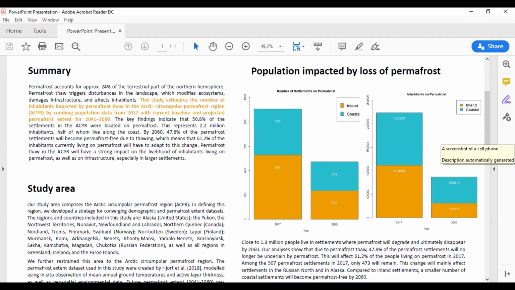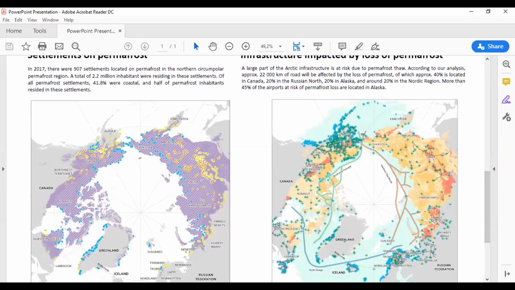This is one of the limitations of our study, that we are considering that population will remain unchanged by that time, but actually there might be way more people. According to a few studies that show projection, population should increase in the permafrost region, especially in larger settlements, for example, in the Siberian Arctic, where, if you have a look at this map, population is predicted to increase.